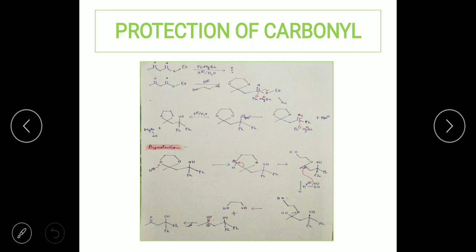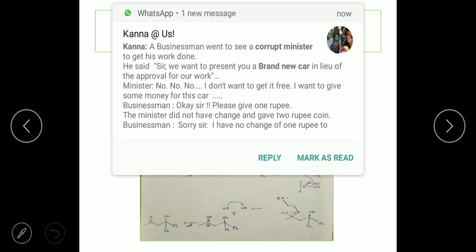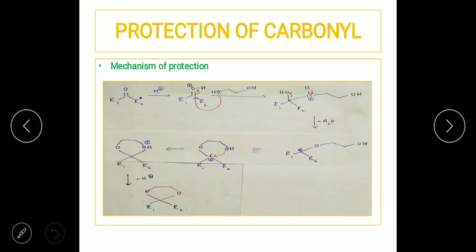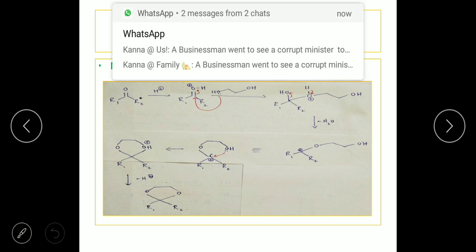So as usual, the ketone is going to grab a proton. The mechanism is just similar to the mechanism shown here in this slide.